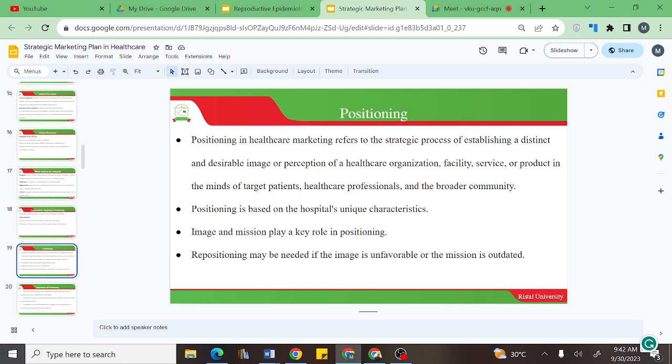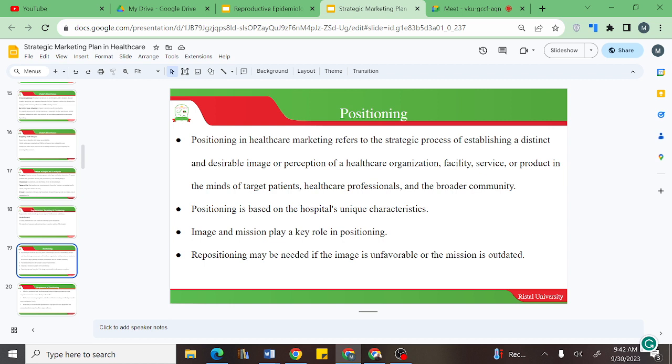You have many healthcare organizations, or you have many hospitals. What makes you different from others? That is, what makes you different from others is how you position yourself. So you need to establish a distinct and desirable image or perception of your healthcare organization, whether it is about the services that it offers, or the facilities that it has.